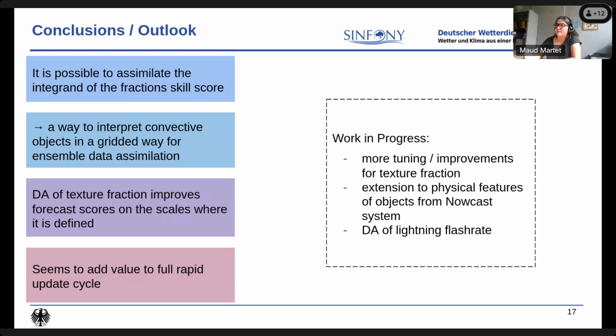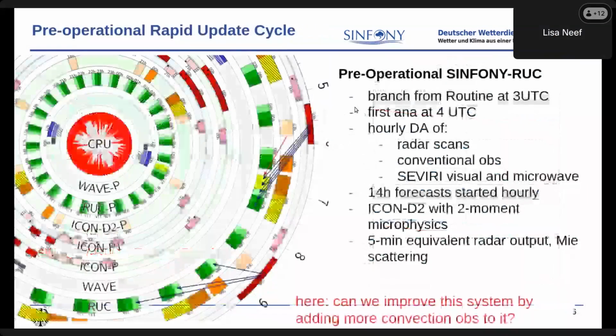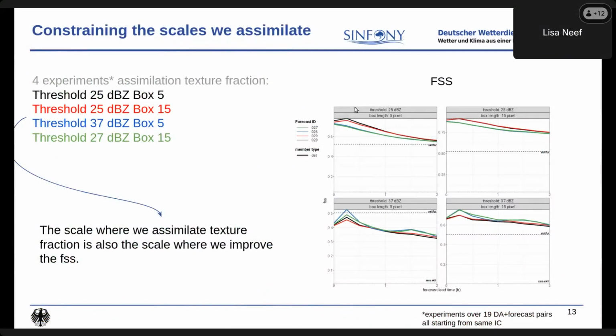Okay, so a question from Tobias. How does the size of the neighborhood affect the assimilation results? Oh, great. I'm glad someone asked, then I can go back to another slide. So basically, the size of the neighborhood is not that important, but the way you define it will affect which scales you improve the score on.